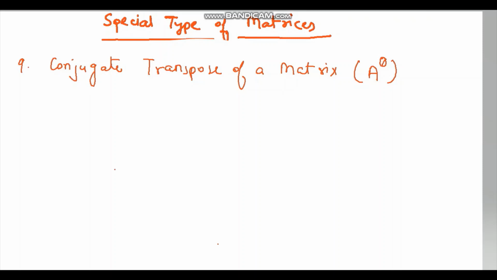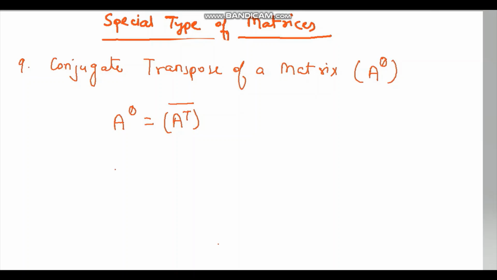What is the conjugate transpose of a matrix? The conjugate of the transpose of a matrix A is called the conjugate transpose of the matrix. Like A theta can be written as the transpose of A to the bar. Okay, the conjugate of the transpose of a matrix.